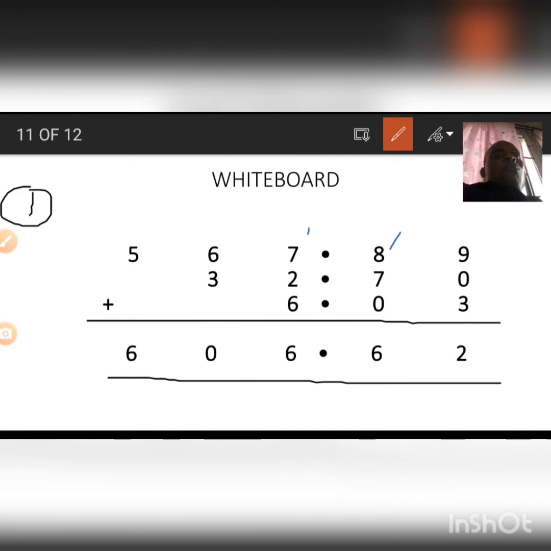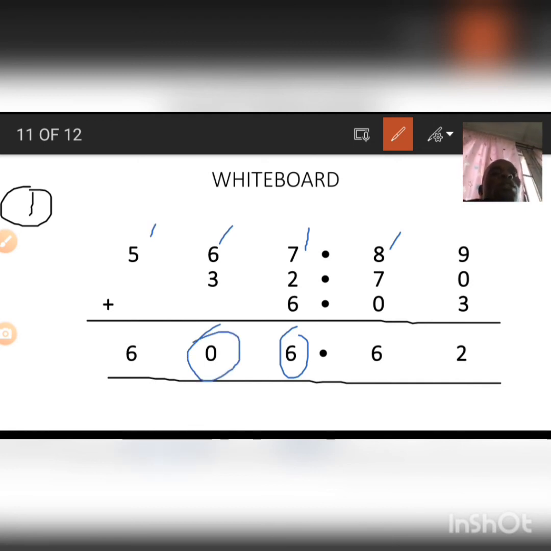So that 1 is written here. So we add the 1 to 7, we have 1 plus 7 is 8, plus 2, 10, plus 6, 16. So we put down a 6, and then carry 1. Now we add this 1 to that 6, and so we have a 7. 7 plus 3 is a 10. So we put down a 0, and then carry 1.